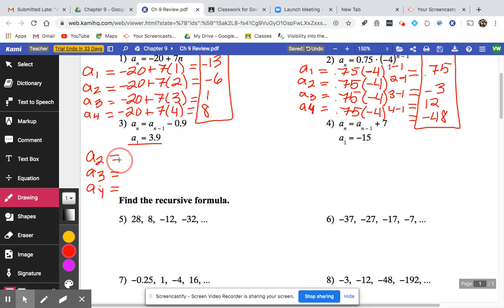For these ones, we have to take each respective term before and then subtract 0.9. Because right here I say AN equals AN minus 1, that indicates the term before, remember, minus 0.9. So if I want to find A2, for instance, I need to take whatever A1 was and subtract 0.9 from it, which is, in this case, 3.9 minus 0.9, which is simply 3.